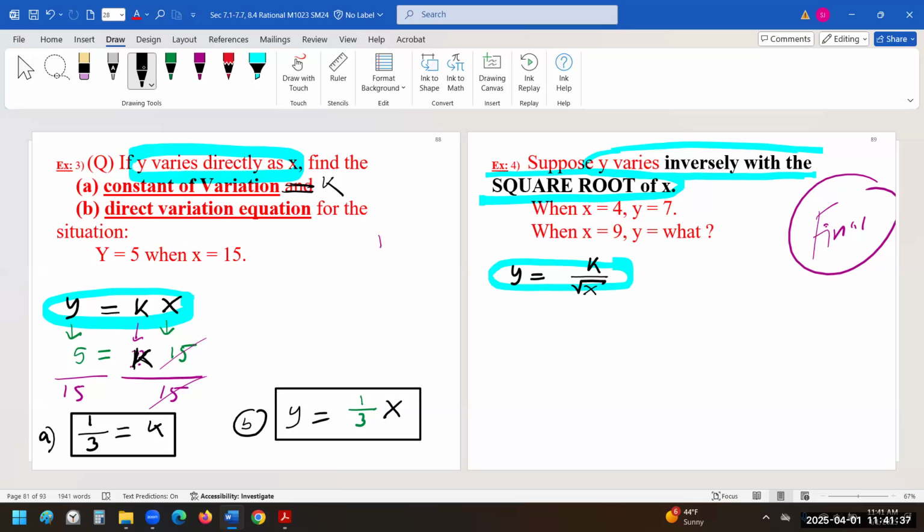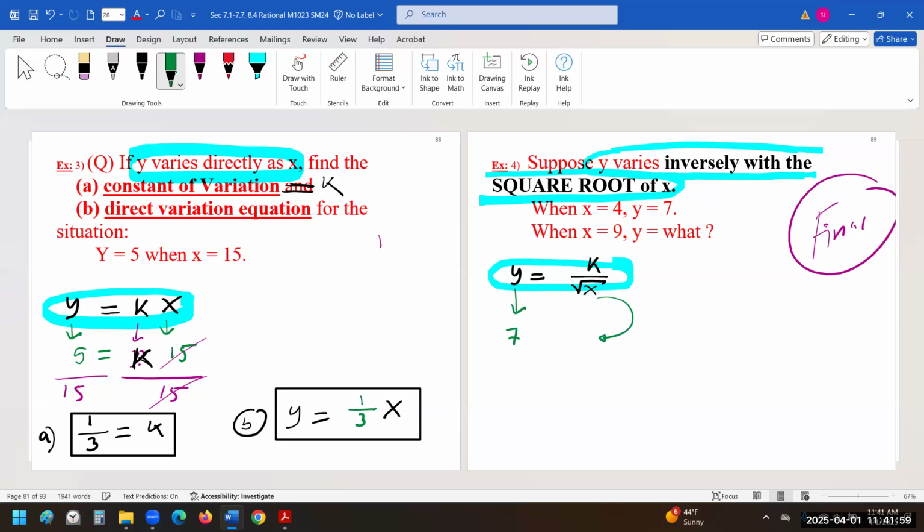Now, just like the previous one, first step is always find k. Second step, rewrite your equation. That should be always for every question. So how do we find k? Do we have information for x and y? What's the y?